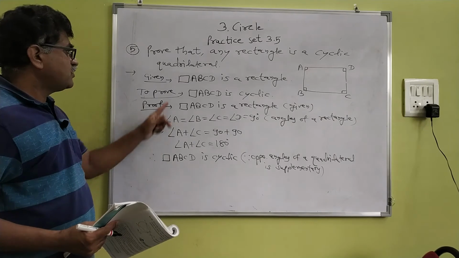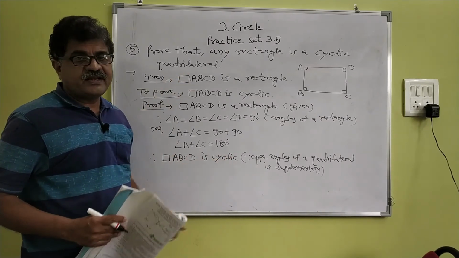And we have to prove this quadrilateral ABCD is a cyclic quadrilateral.